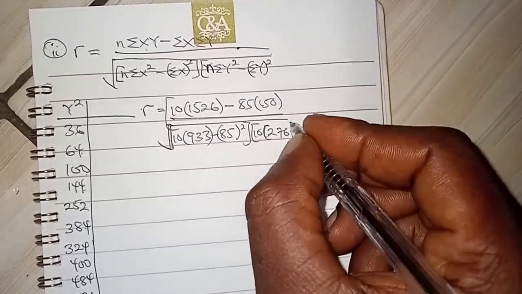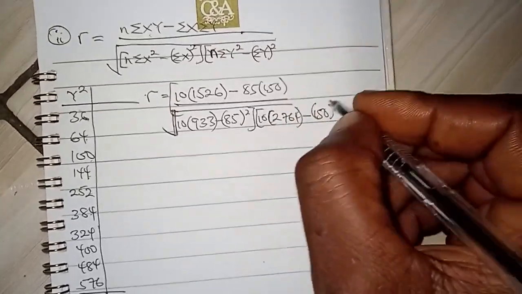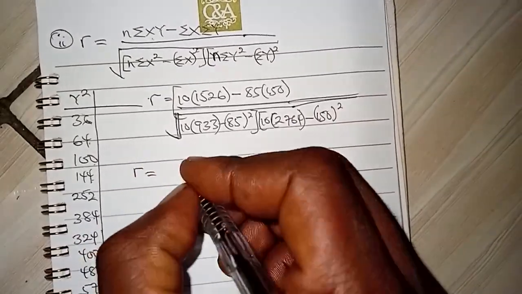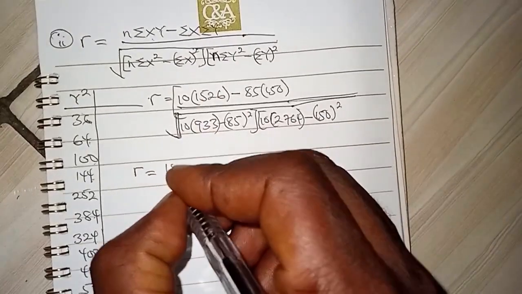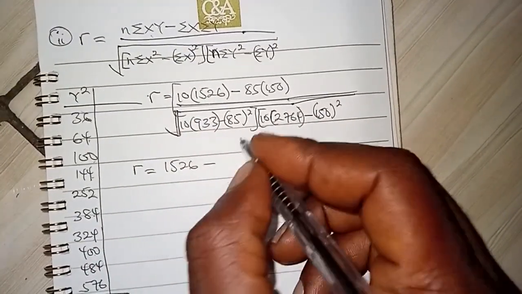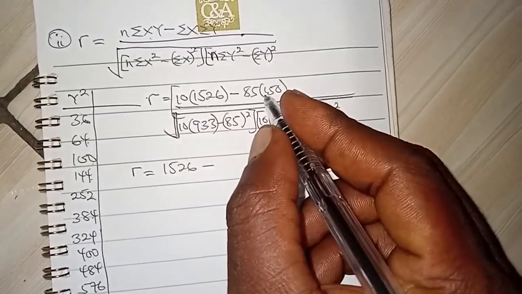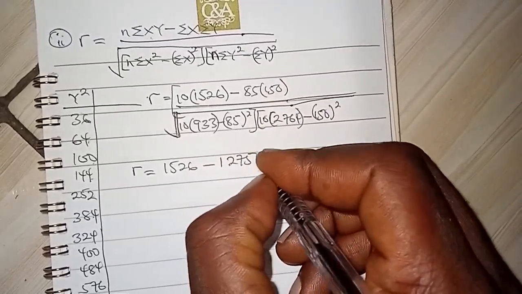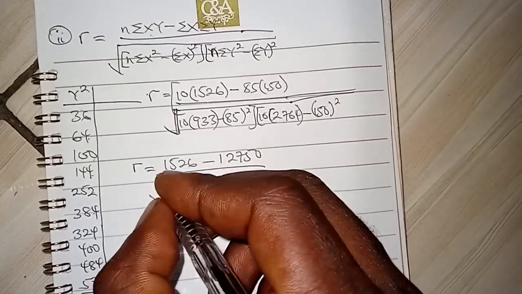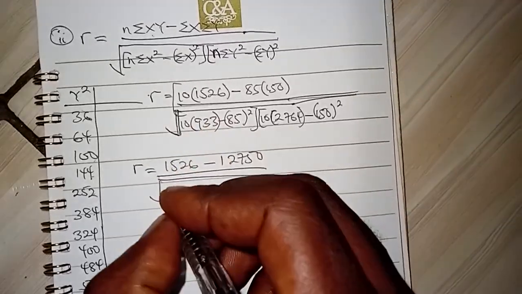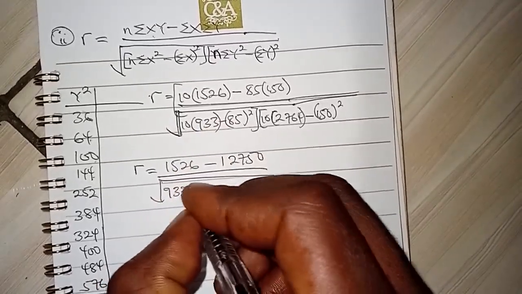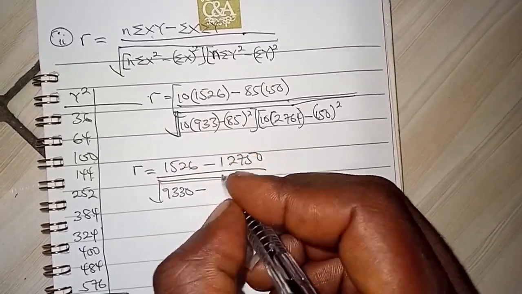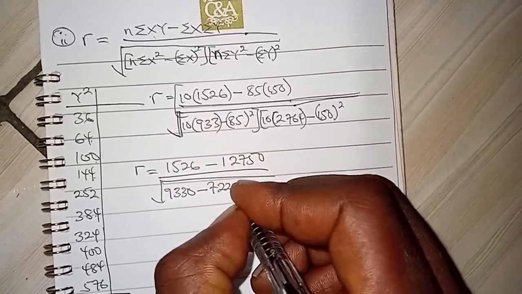So summation y squared is this. Now if we resolve, we're going to have this multiplied by this, 1526 minus this multiplied by this, like we did in the first one. We'll have 12750 all over the square root of, if we multiply this and this, we'll have 9330 minus this squared, about 7225.